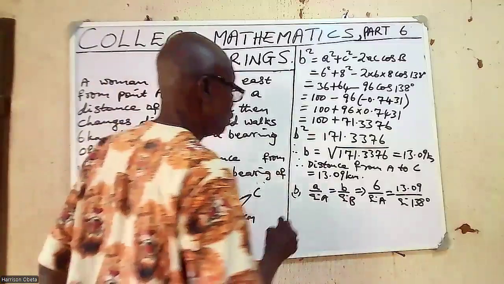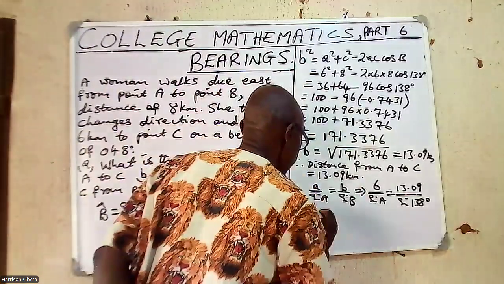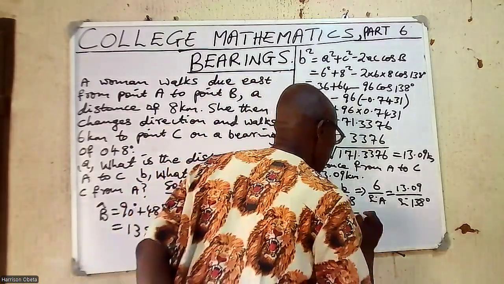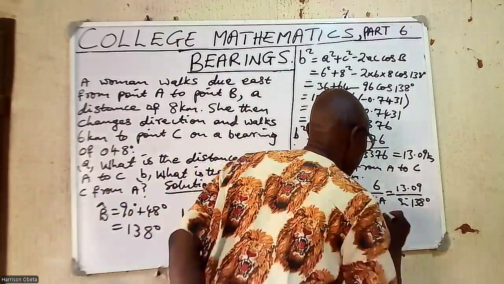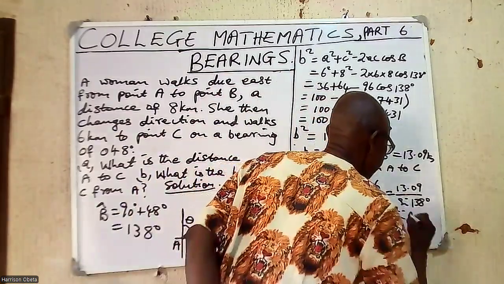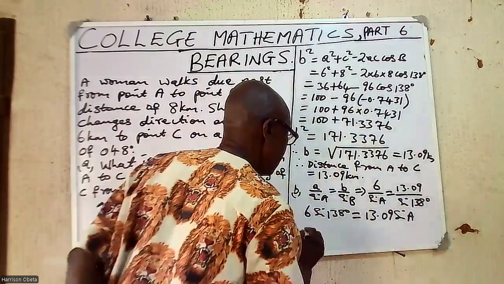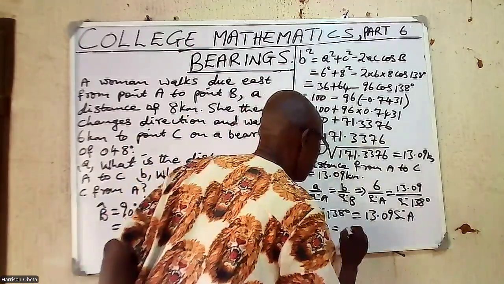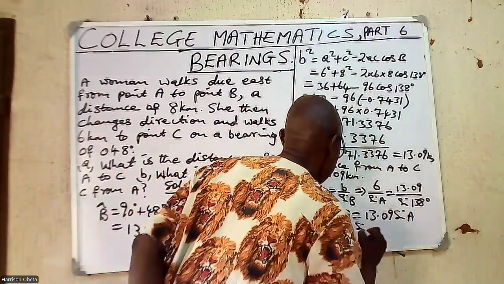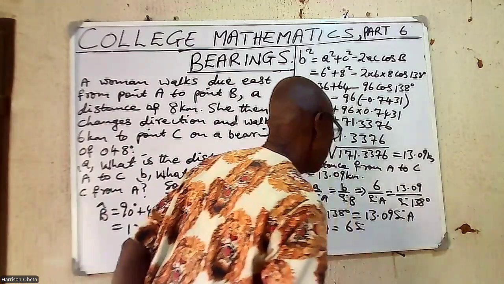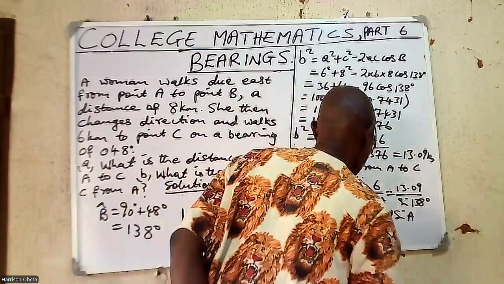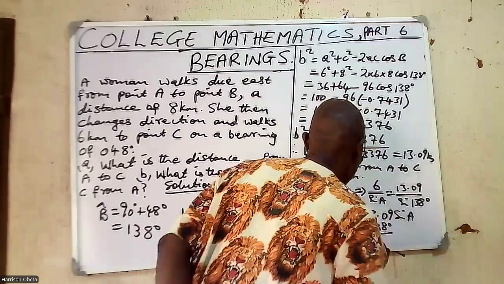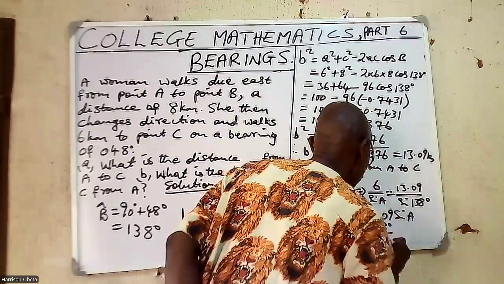So, in continuation, we have 6 sine 138 degrees equal to 13.09 sine A. And that means that sine A will be equal to 6 sine 138 degrees all over 13.09.